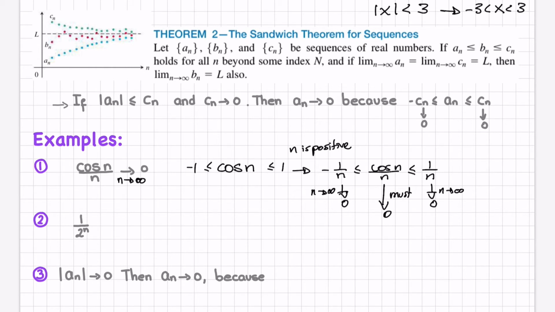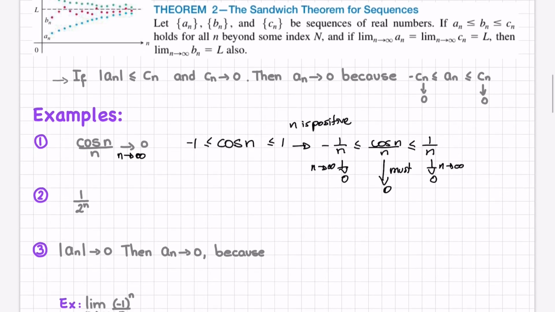How could we operate with 1 over 2 to the n? Like the comparison test, you need to bound it, and you need to start from something that's true. And it is true that 2 to the n is always bigger than n. That is for sure.